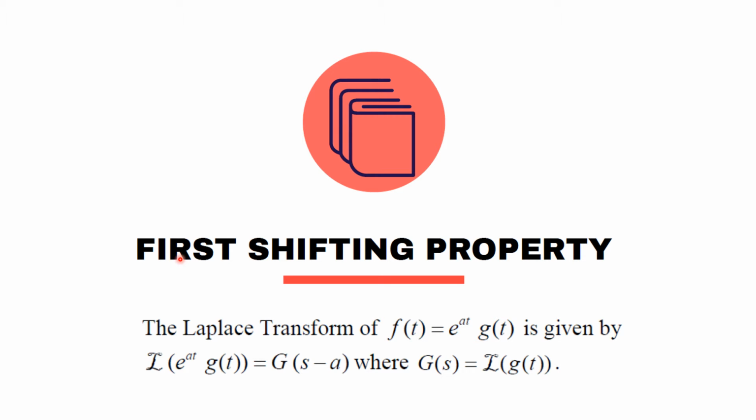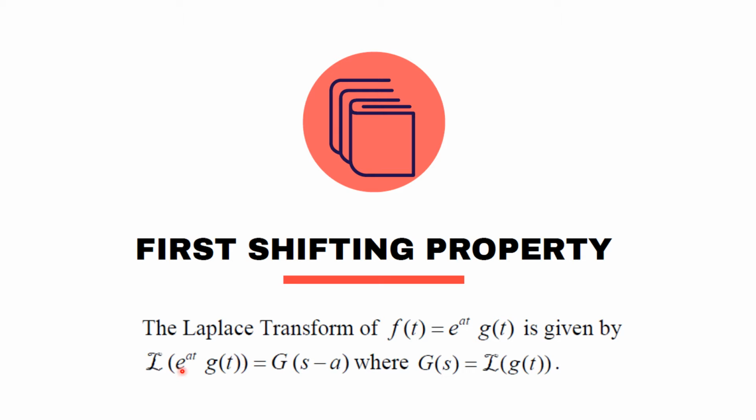Okay, here is the definition of the first shifting property. The Laplace transform of the function f(t) equals e^(at) times g(t). So we can see that the type of the function is a multiplication of a function g(t) by e^(at). Here g(t) can be either sine, cosine, or a polynomial.